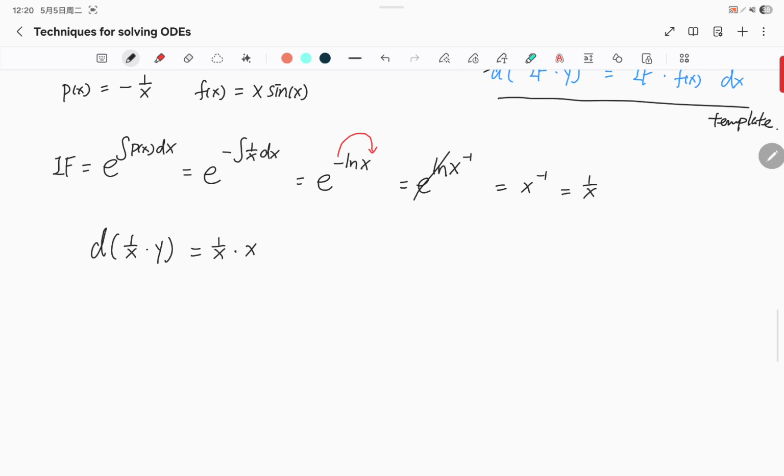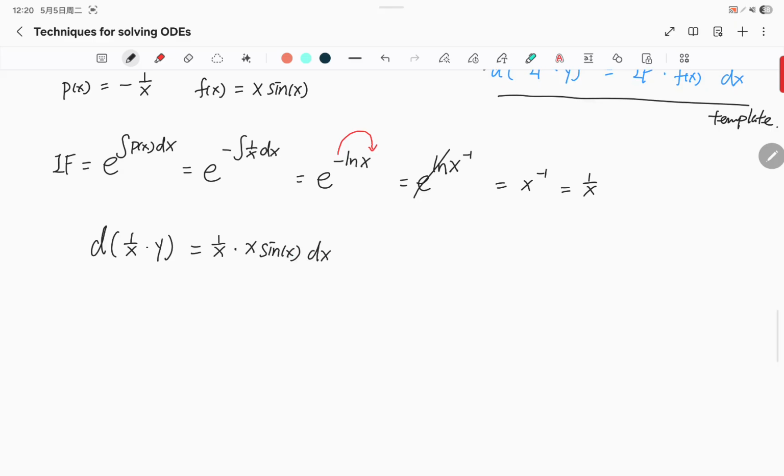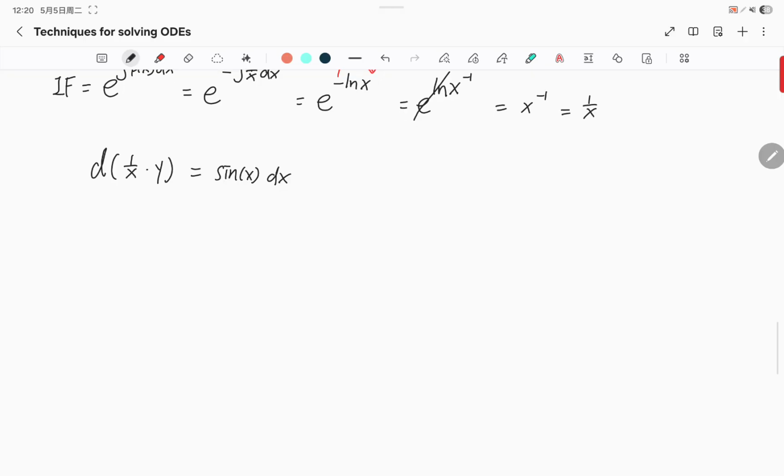My f of x is x sine x, and these two cancel out, so it's just sine x dx. Then we integrate both sides so that this d disappears, and the integral of sine x is negative cos.